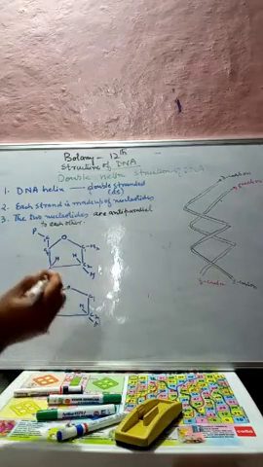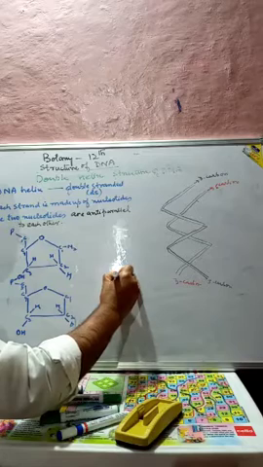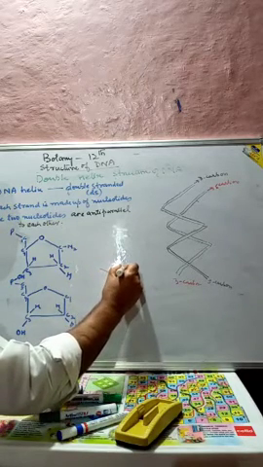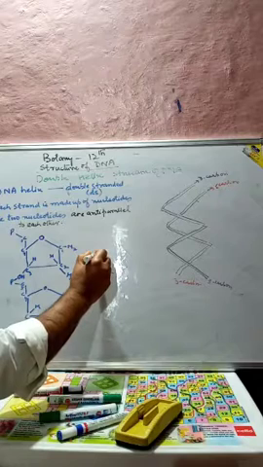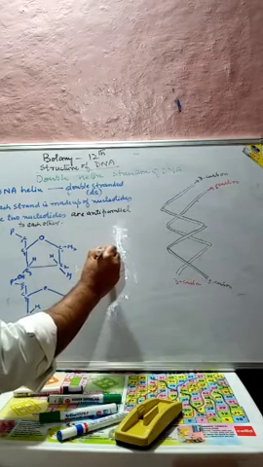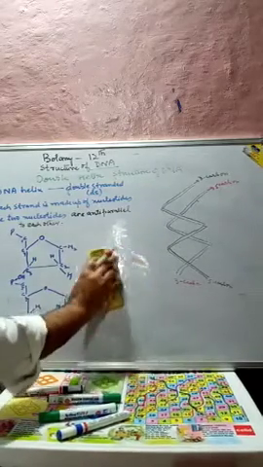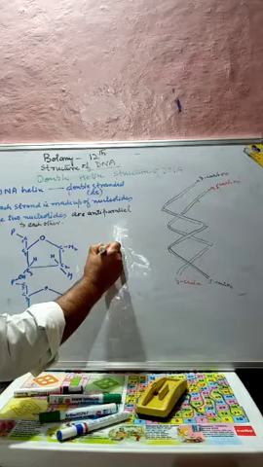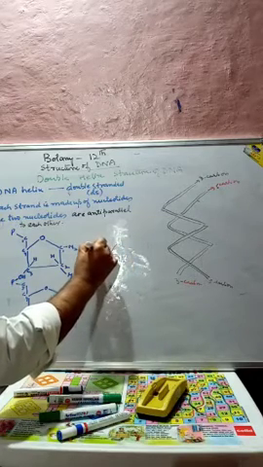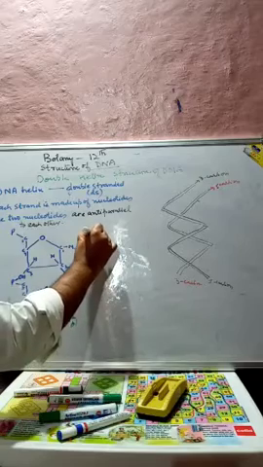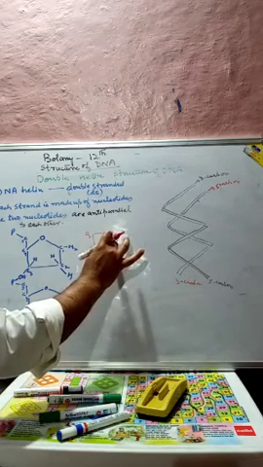Now in the second strand, we will draw the structure upside down. I will draw this. Take a minute. C1, carbon first, carbon second, this is carbon third, this is carbon fourth.